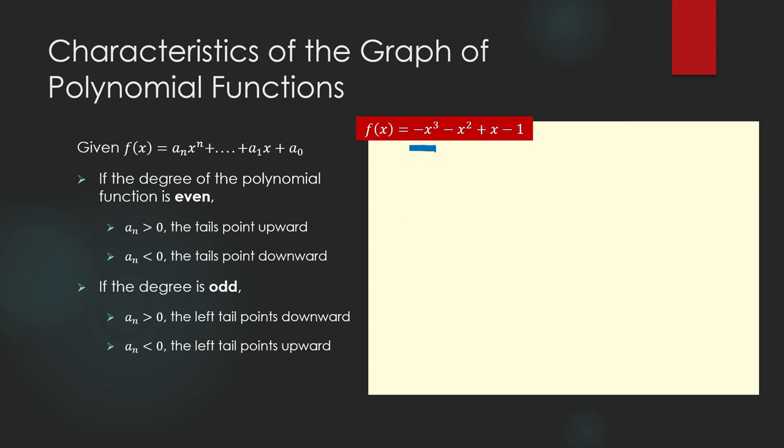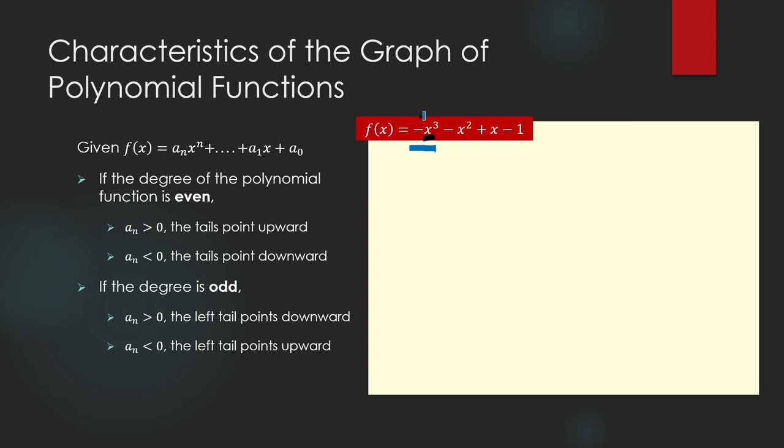The degree of your polynomial function is odd. So right away you know that the tails point in opposite directions. One tail points upward, the other tail points downward. But which tail points upward? So this is what you do. When x takes on negative values and you raise it to 3, the product is negative.